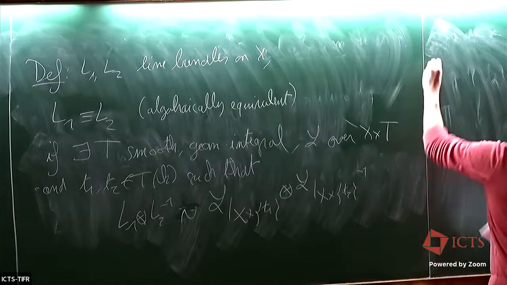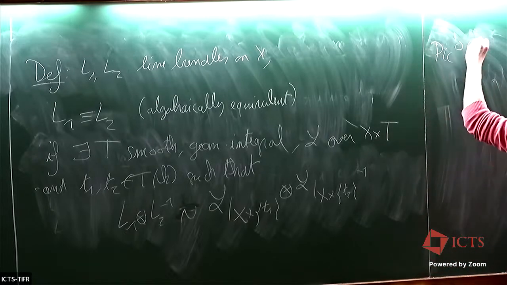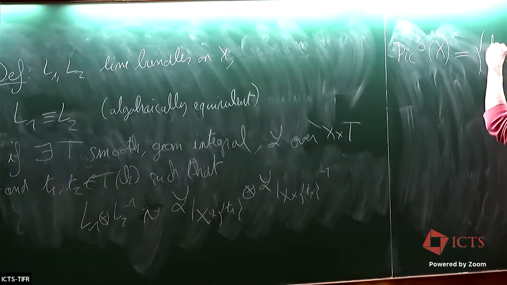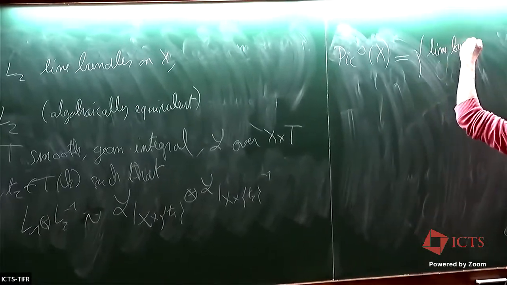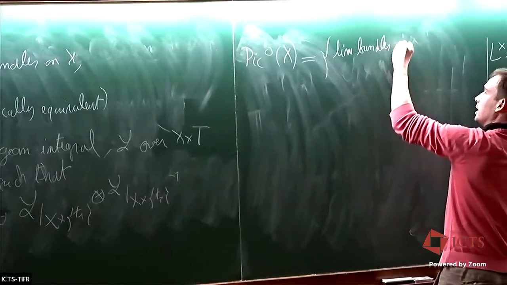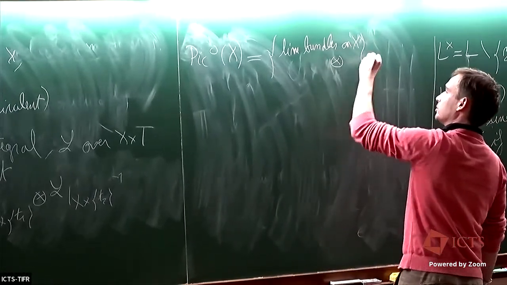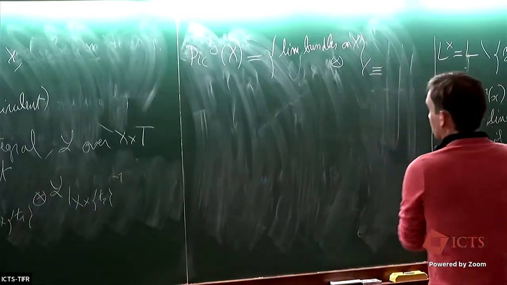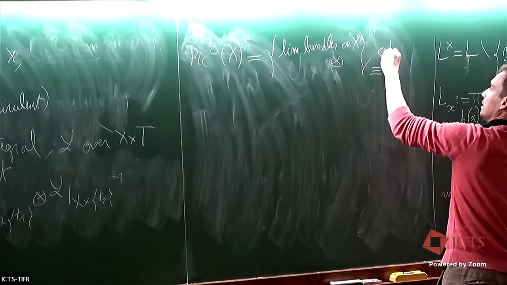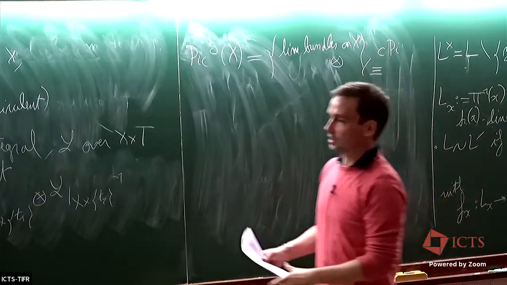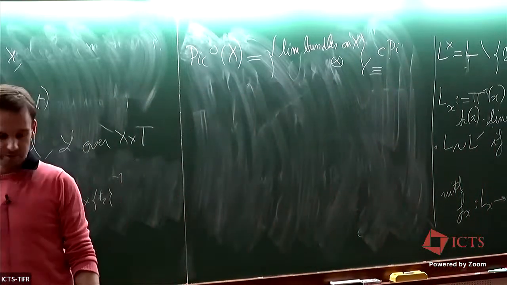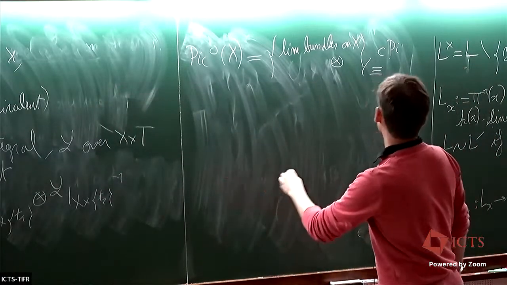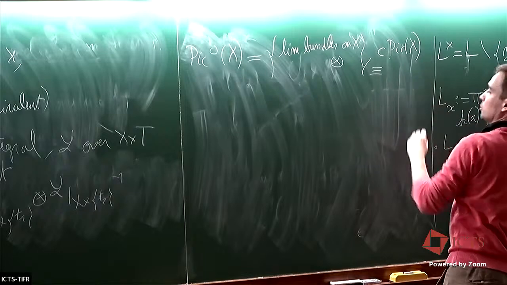And the Pic0 of X is exactly the set of line bundles on X up to this equivalence. I think, and because you can see quite easily that being isomorphic means being rationally equivalent, you can say that because of this, it's inside the Pic group of X.